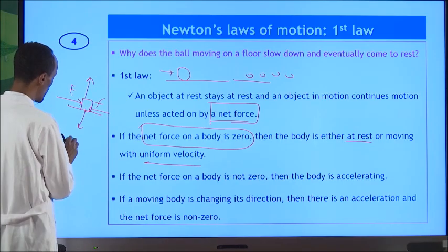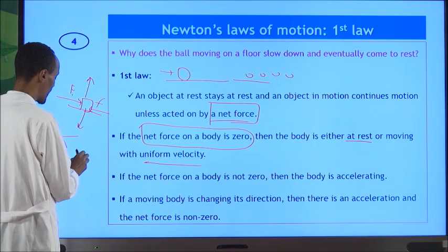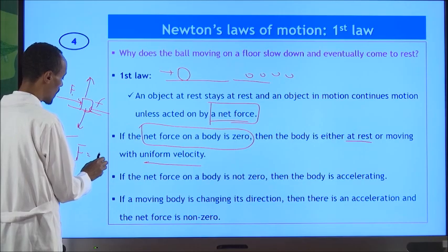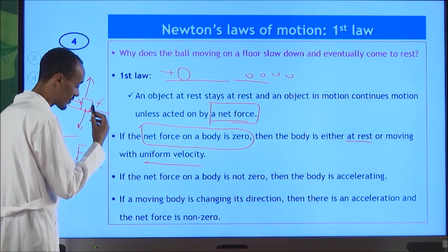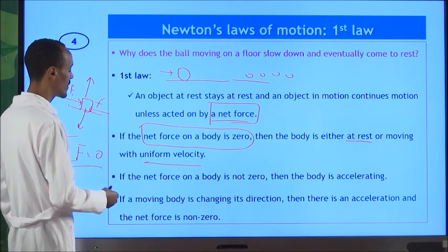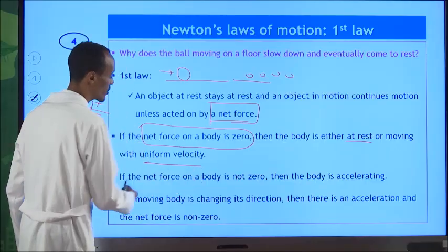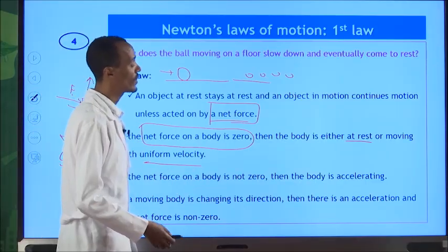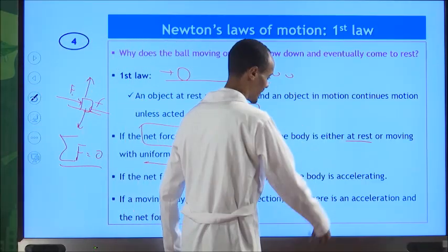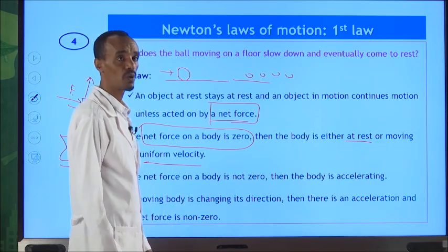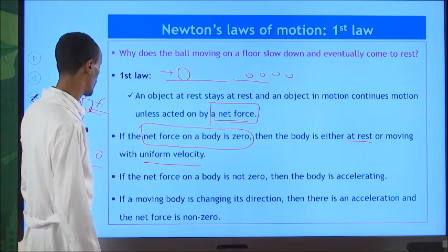If the summation of all these forces acting on the body equals zero, then we have two possibilities. The object may be moving with uniform velocity, or the object may be at rest. This is what we call Newton's first law of motion.